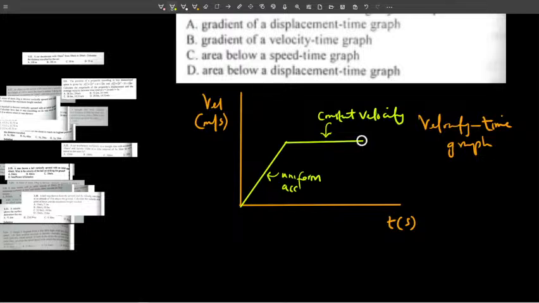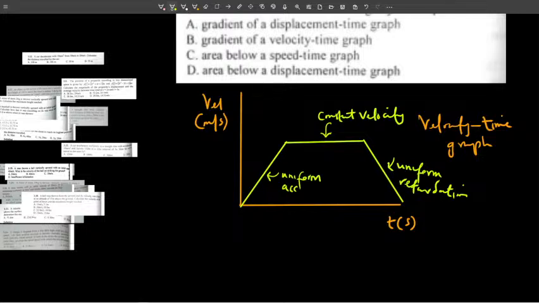When the line is coming down, we say this is deceleration, so uniform deceleration or uniform retardation. There are three lines you should note in a velocity time graph: uniform acceleration, constant velocity, and uniform deceleration.